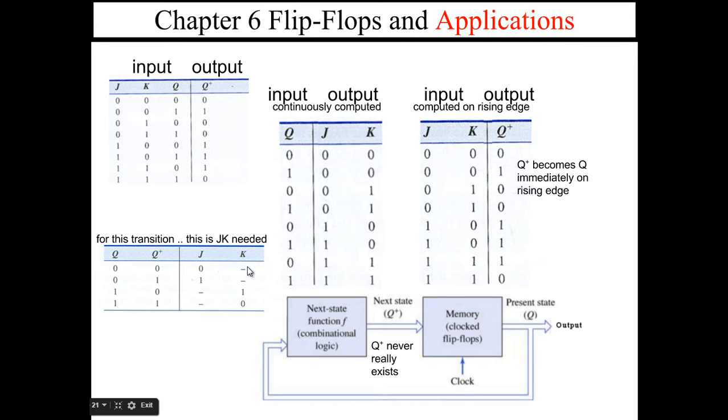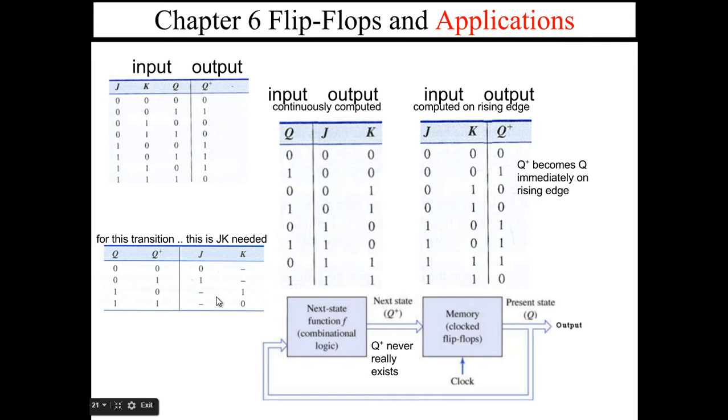So J is a 0 and K can be anything, any value. Same thing's true. So let's pick a row where we want to go from a 0 to a 1. Okay, here's a 0 to a 1. This is a set. Or what we could do is a toggle. If we can do a set or a toggle, then J is a 1 and K can be anything. Right? So from a 0 to a 1, J is a 1 and K can be anything.